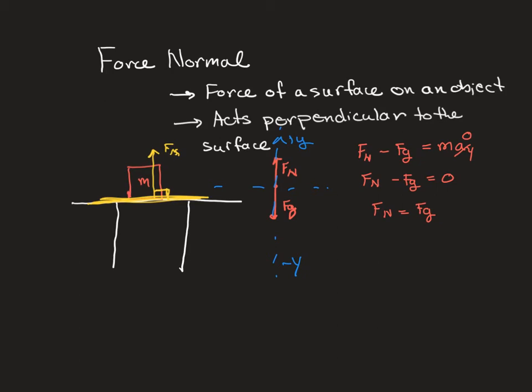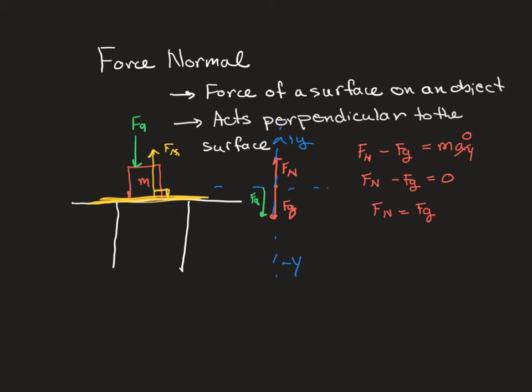Now, before I create the misconception that the force normal and the force of gravity are always equal to each other, let's add another force to the system. Let's say I am pushing, so I'm applying a force to the top of the box. Now we have an additional force acting in the negative y direction.